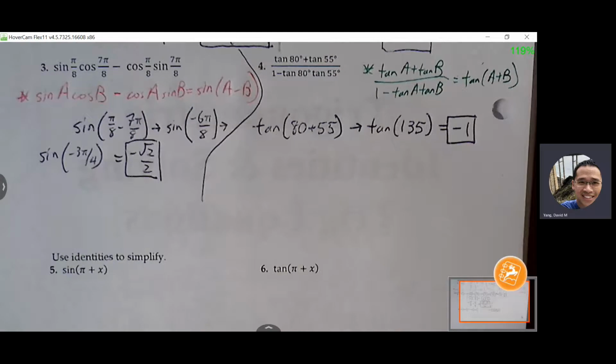Okay, number 5, use identities to simplify. Looks like this is matching up with sine of A plus B, so we're just going to build it off of that.